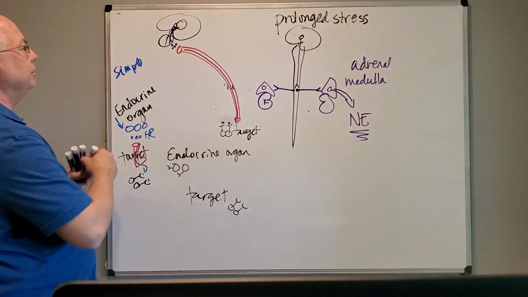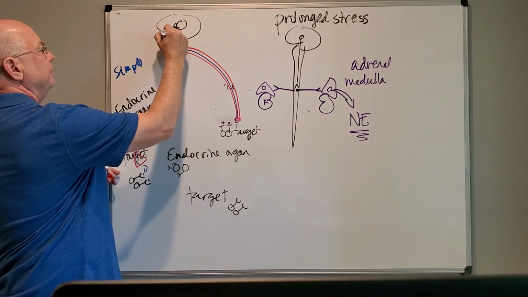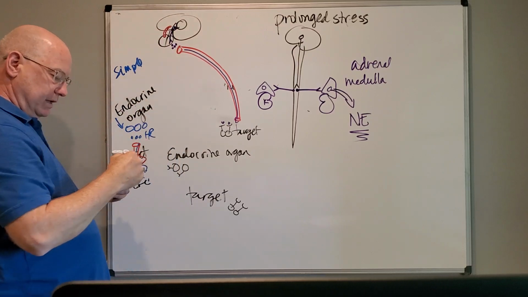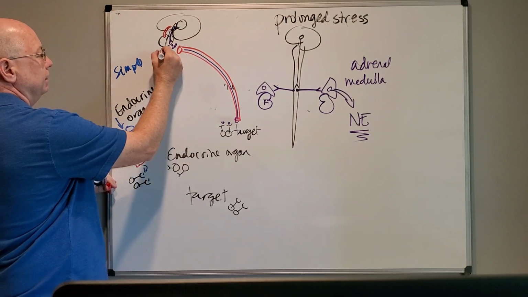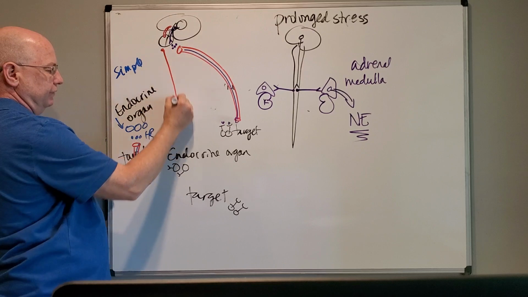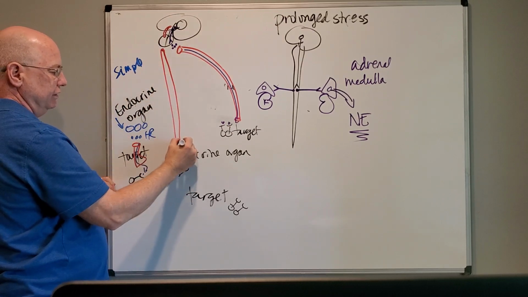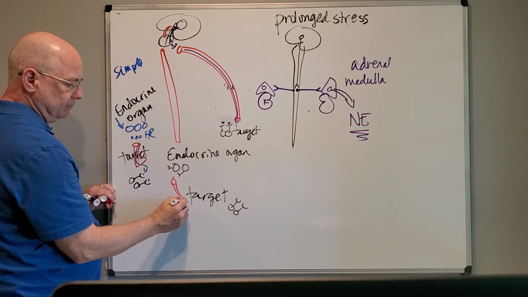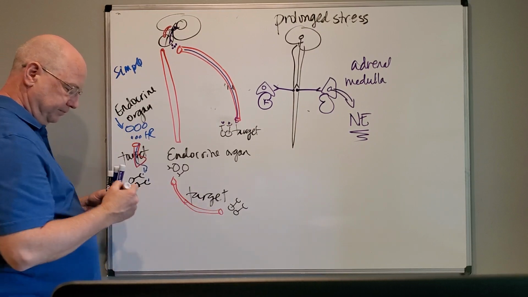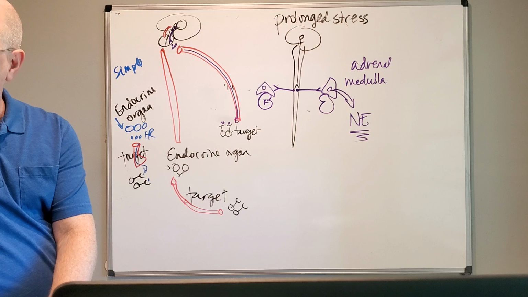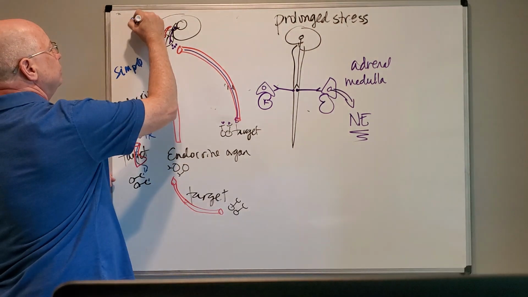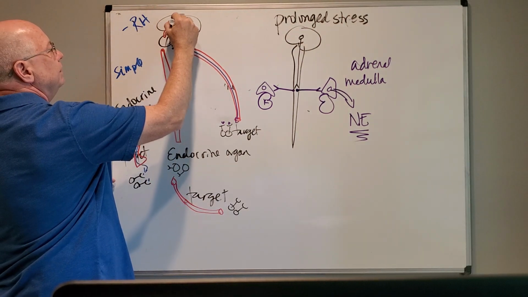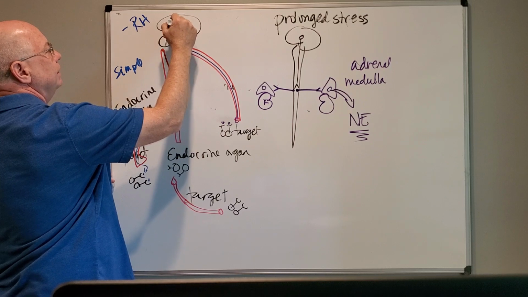In complex endocrine pathways, I have to have blood vessels that connect the anterior pituitary and the hypothalamus, and then blood vessels connect from the hypothalamus to the endocrine organ, and then blood vessels that connect to the target cells. Okay? Multiple steps. So this is my releasing hormone from the cells in the hypothalamus.